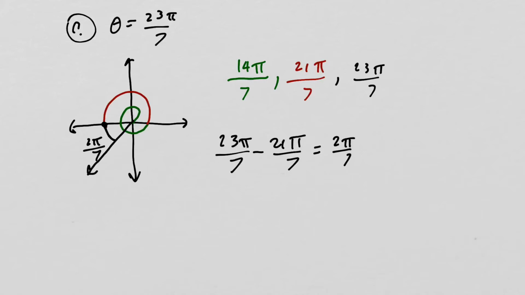The green curve, the red curve, and the black curve correspond to 23 pi divided by 7 as an angle. And as it turns out, when we were simplifying our angle, we found the reference angle. The reference angle in this case is theta bar equals 2 pi divided by 7.